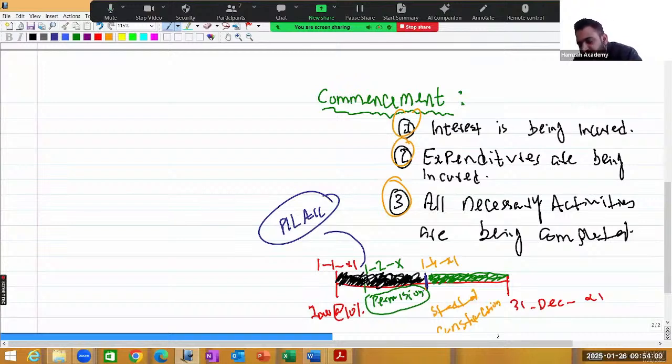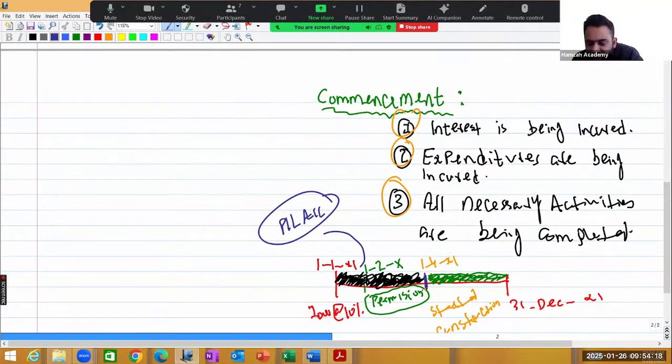So interest cost before these conditions are fulfilled will be expensed out in the profit and loss account. Any question?